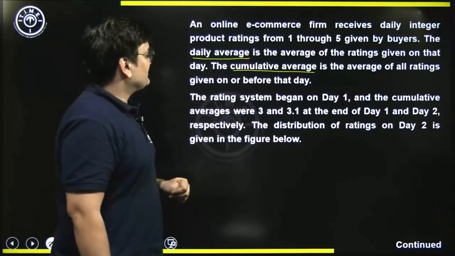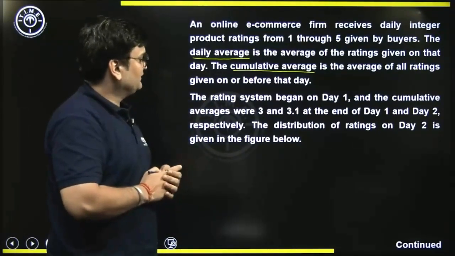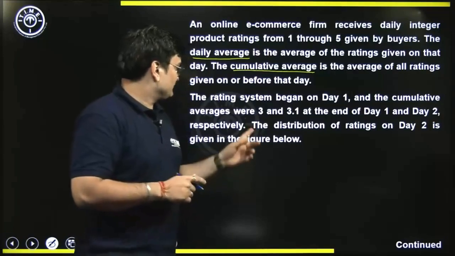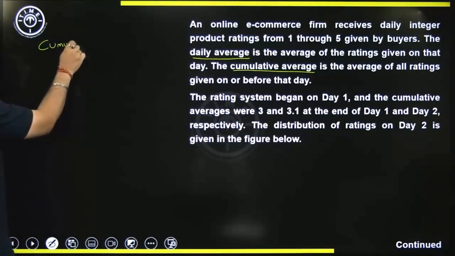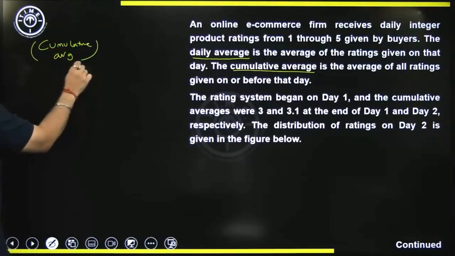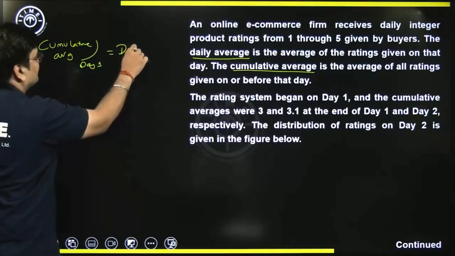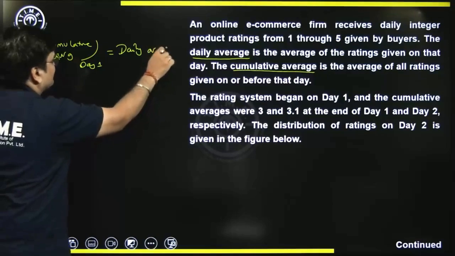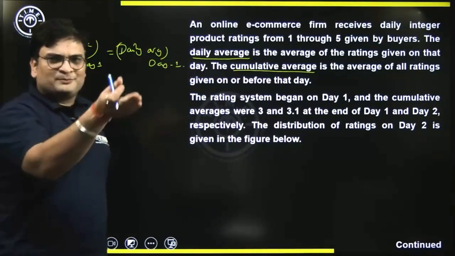The rating system began on day 1 and the cumulative averages were 3 and 3.1 at the end of day 1 and day 2. So cumulative average on day 1 can I say is nothing but daily average on day 1, because for day 1 there is no previous day.